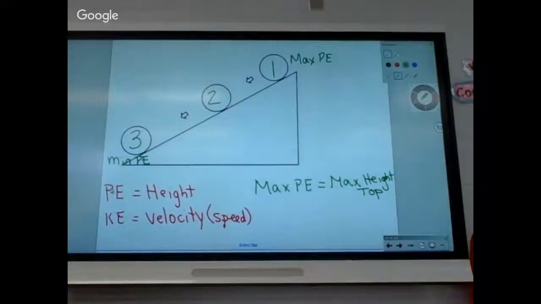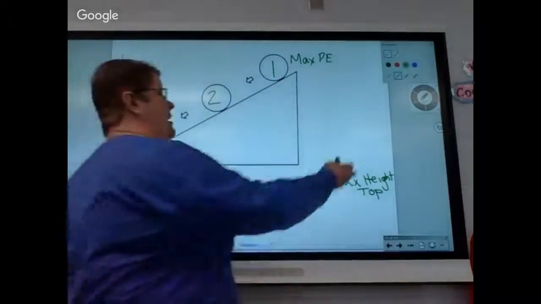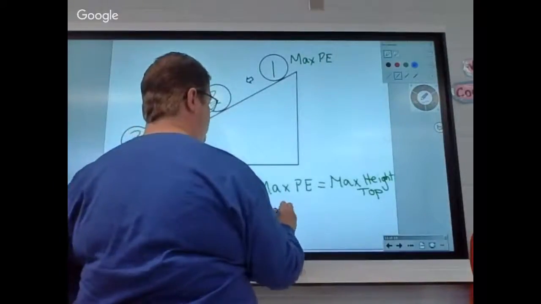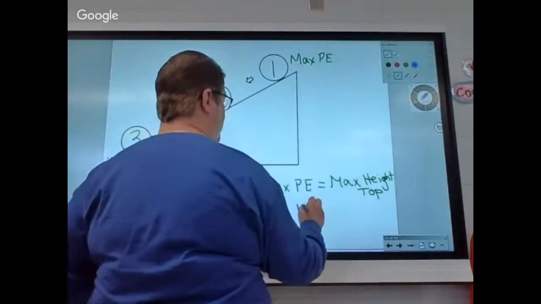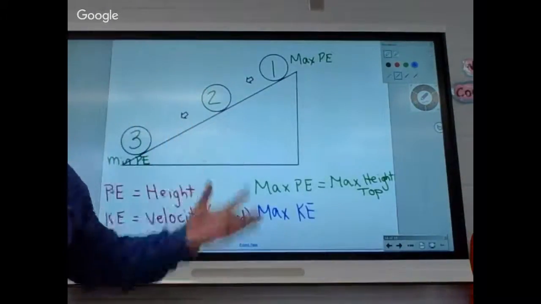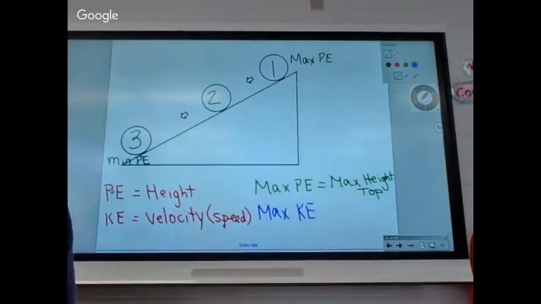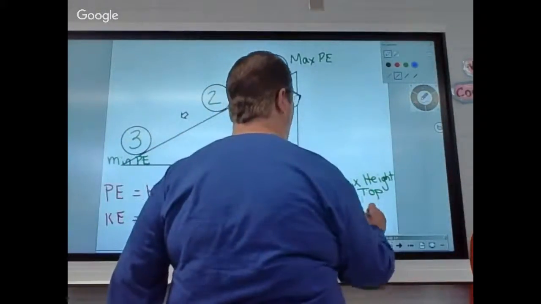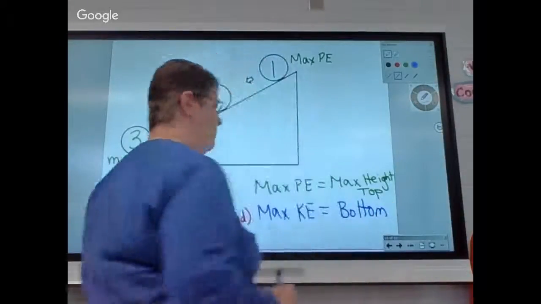Now, kinetic energy is essentially the opposite. But think of it in terms of speed. So, maximum kinetic energy. Where are you always going the fastest? At the top of a hill or at the bottom of the hill? The bottom. Maximum kinetic energy is always at the bottom.